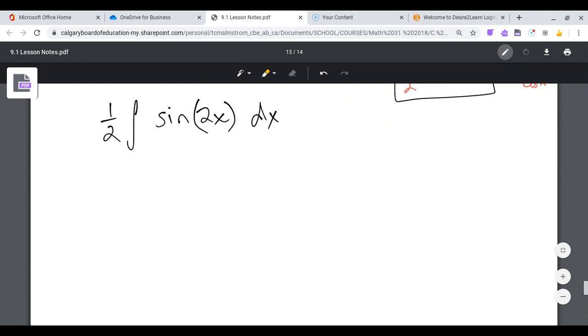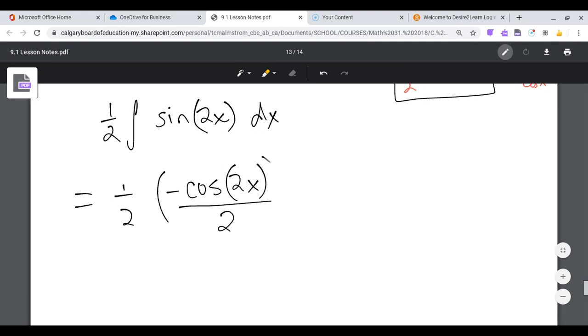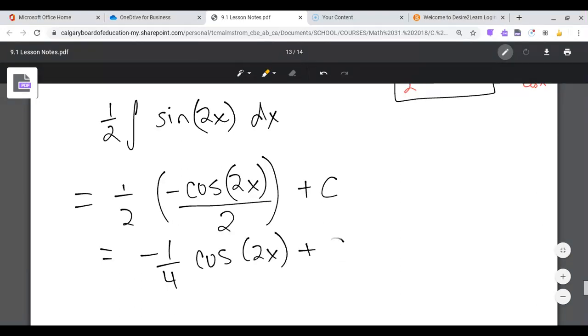So this would be 1/2 times, what is the antiderivative of sine 2x? The antiderivative is negative cos of the same argument divided by the coefficient on x of the argument. So that's that k value, and then plus c. So this is equal to negative 1/4 cos 2x plus c.